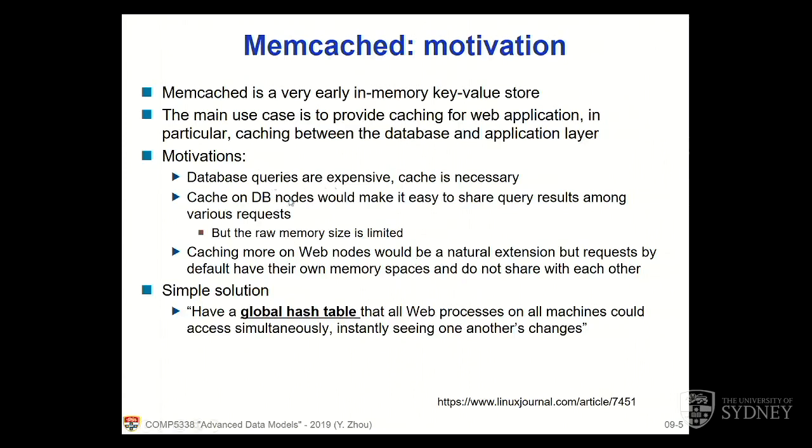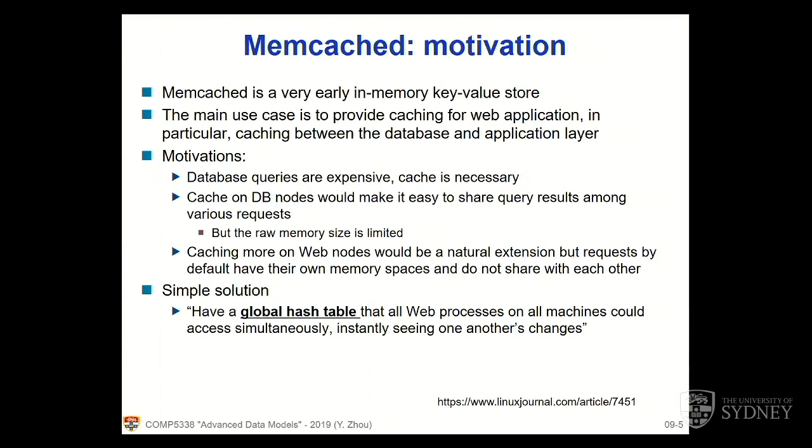So the motivation, as I said, is to provide caching for web applications. Mostly it can provide the cache at the database layer or at the web server layer. The idea is to reduce the actual I/O and reduce the network, so we can get data from cache straight away.